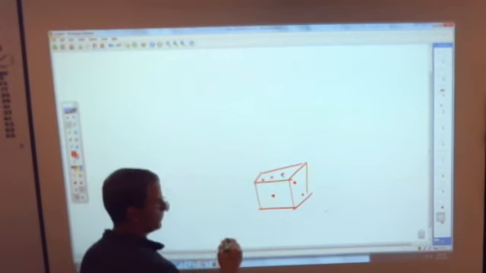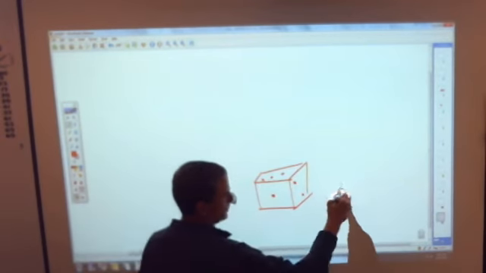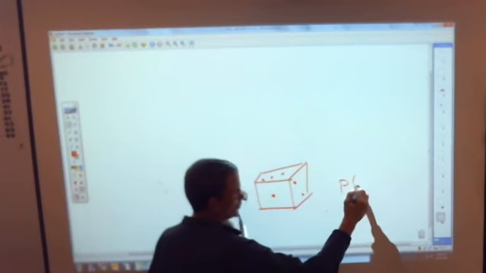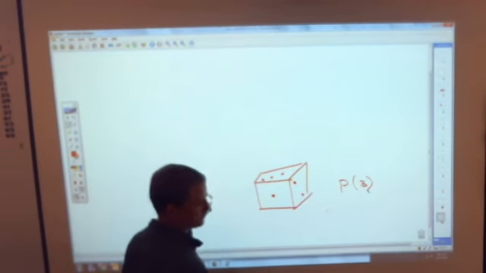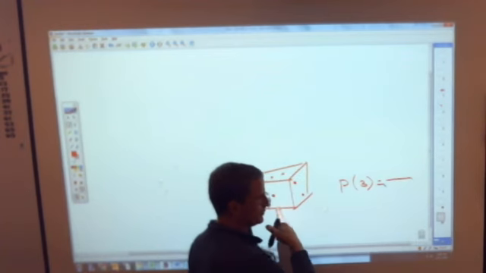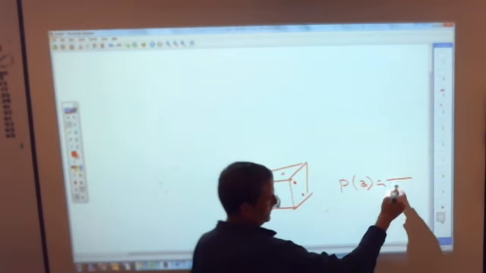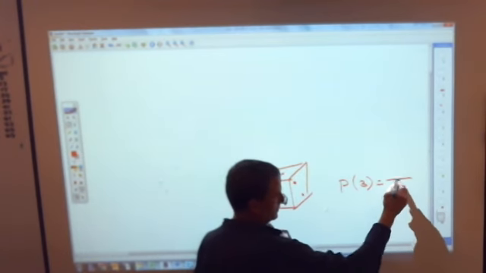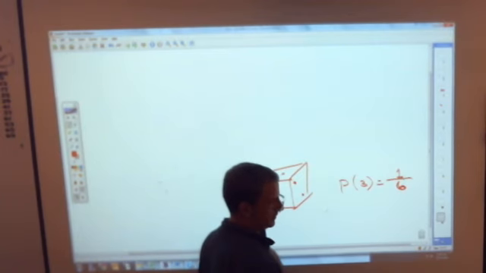You have to know something about cubes. What would be the probability of you rolling a 3? Well, how many different sides are there to a number cube? 6. And how many of them are 3s? Just 1.